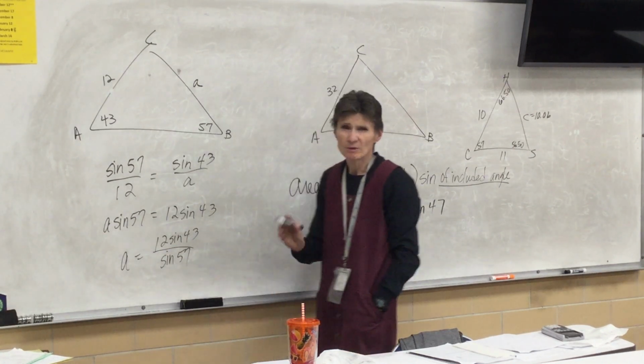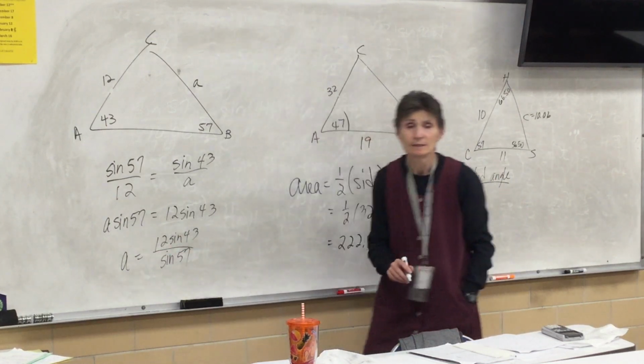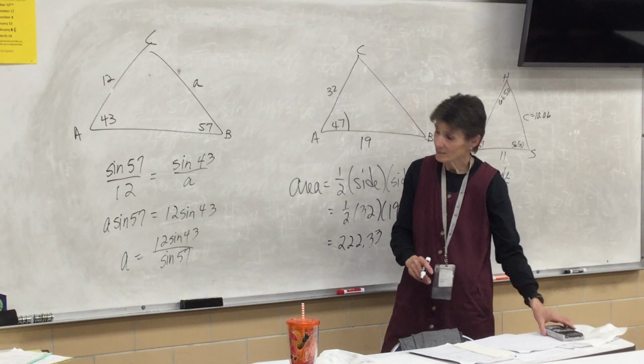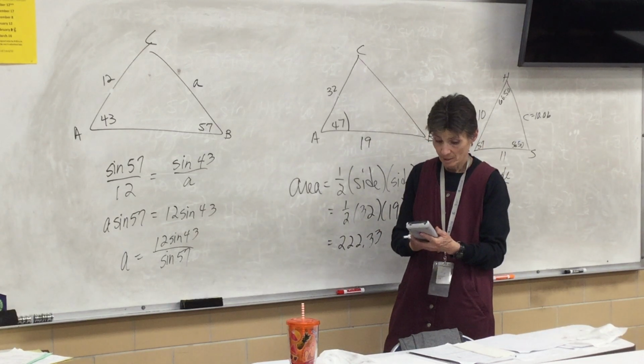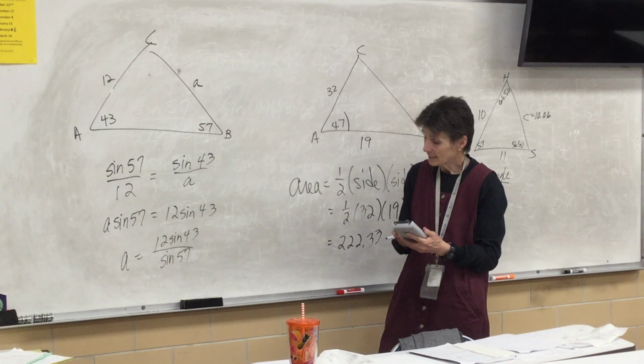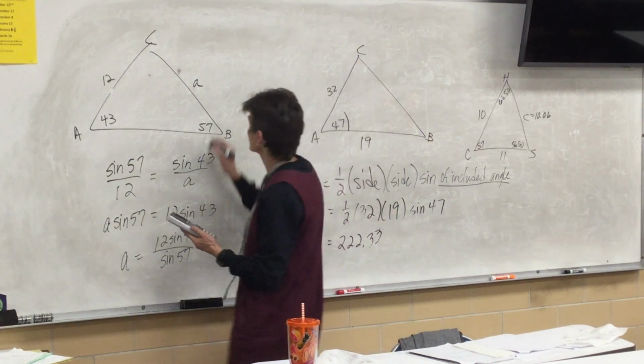Now, please don't get any crazy ideas about second sine or something. This says A equals. It doesn't say sine A equals, it says A equals. Just type it in: 12 sine 43, divided by sine 57. I got 9.76.